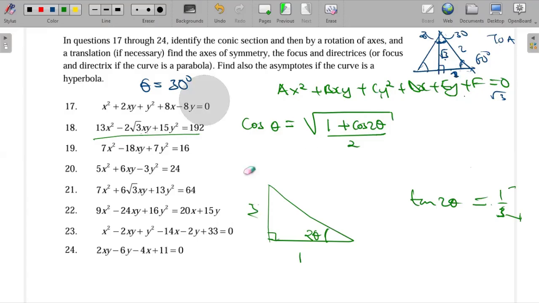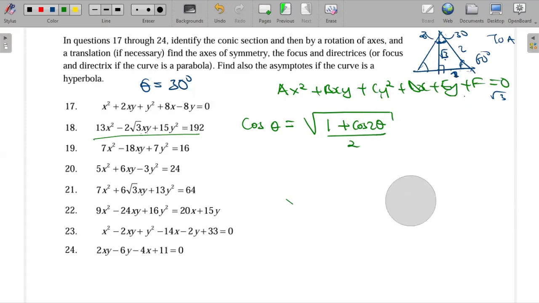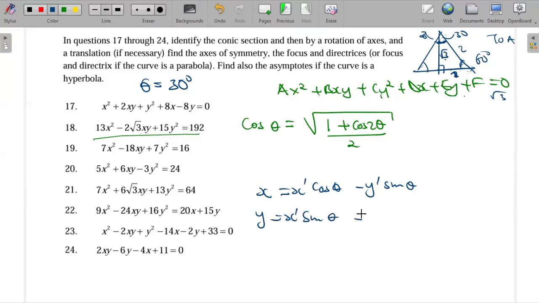So the whole aim of finding the angle is to go to the rotation equations, which we use: x is equal to x prime cos theta minus y prime sine theta, and y is equal to x prime sine theta plus y prime cos theta.